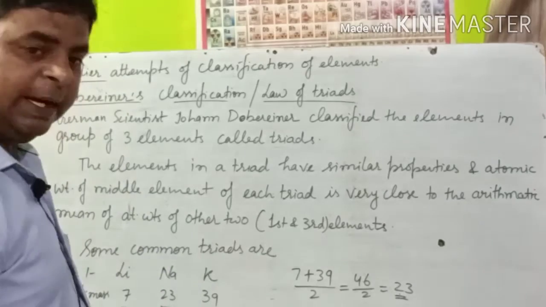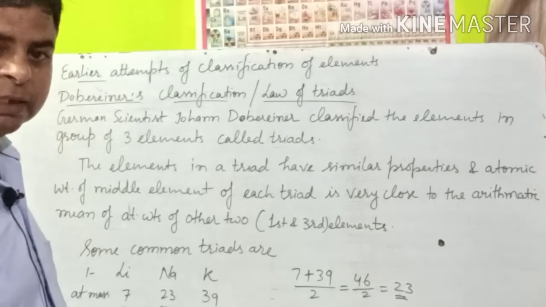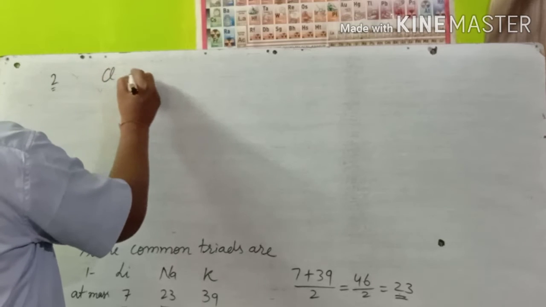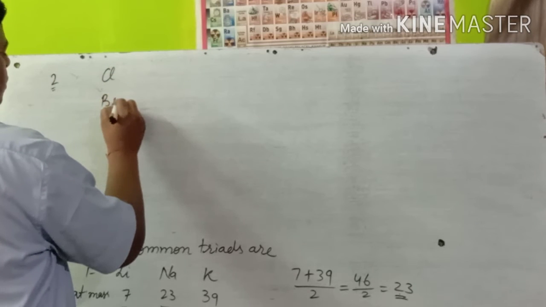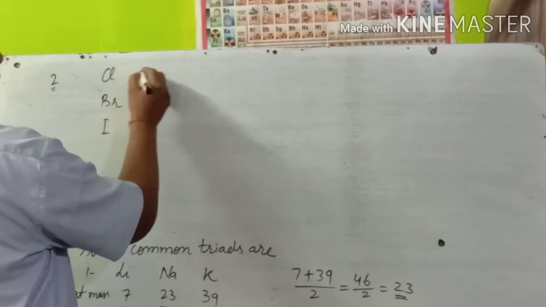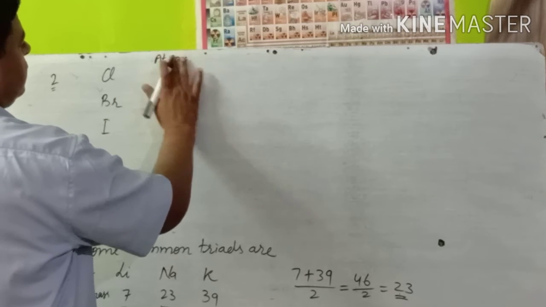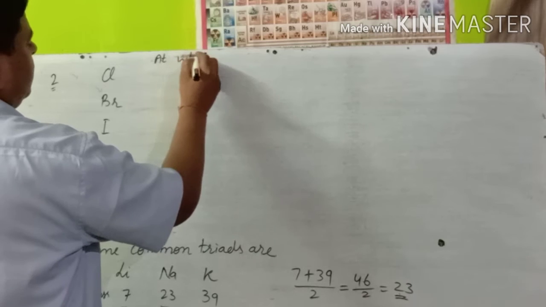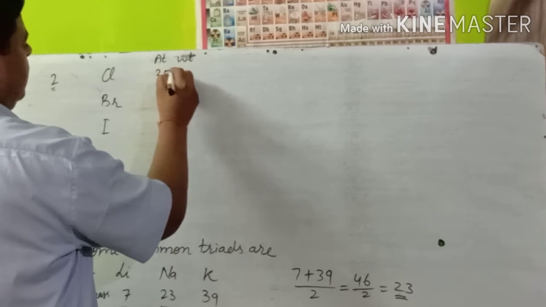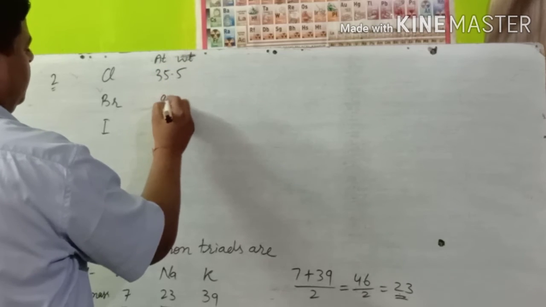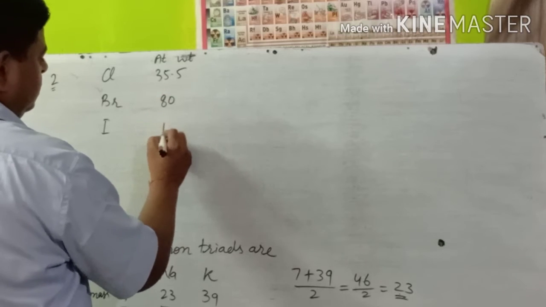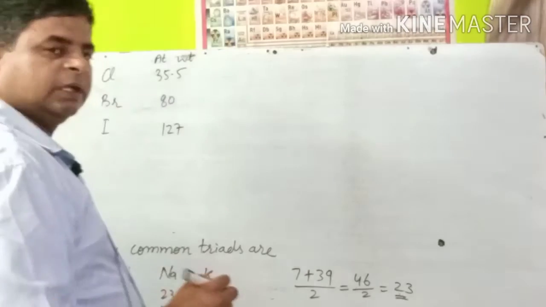Some other triads are chlorine, bromine, iodine. Atomic weight of chlorine is 35.5, bromine is 80 and iodine is 127.